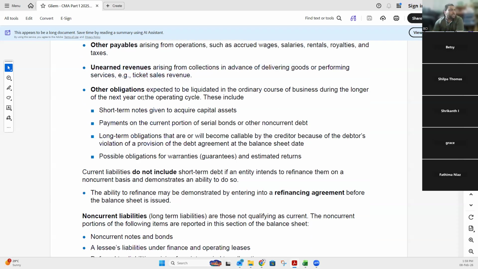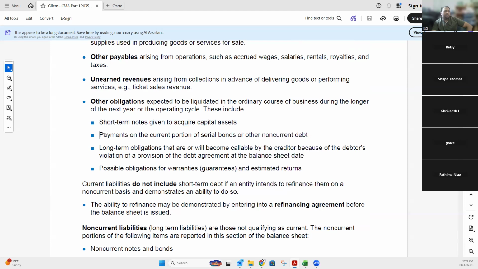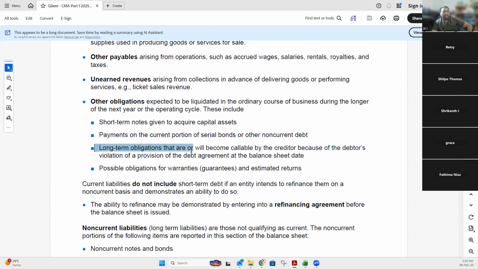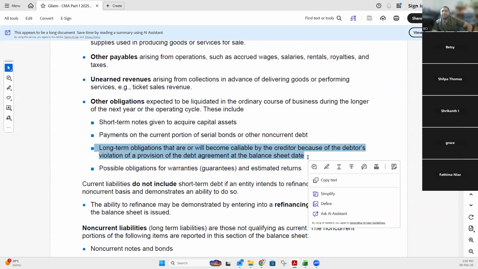Then comes other obligations expected to be liquidated in the ordinary course of business during the longer of the next year or the operating cycle. This includes short-term notes given to acquire capital assets, payments on the current portion of serial bonds or other non-current debt, then long-term obligations that are or will be callable by the creditor because of the debtor's violation of a provision of the debt agreement at the balance sheet date. For example, you have a loan with the bank, which is actually payable after 2 years or 3 years.